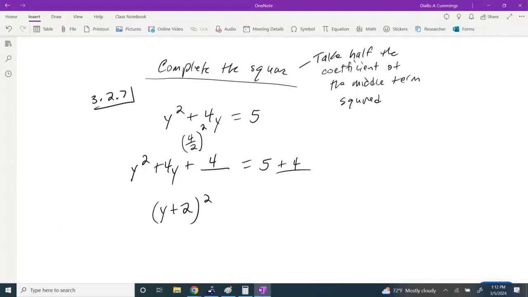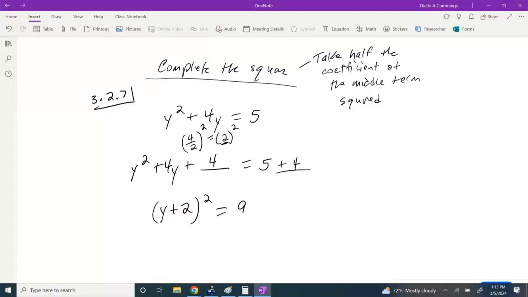So now here's where that 2 comes from. The 2 comes from whatever half of the middle term of your coefficient is. That's the magic number you use to rewrite that trinomial factor. Right? So I have y plus 2 quantity square, and 5 plus 4 is 9.